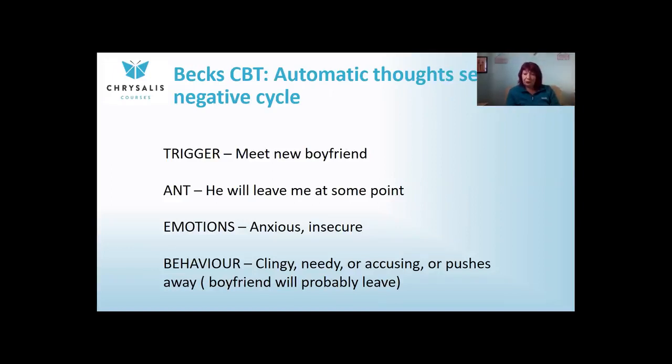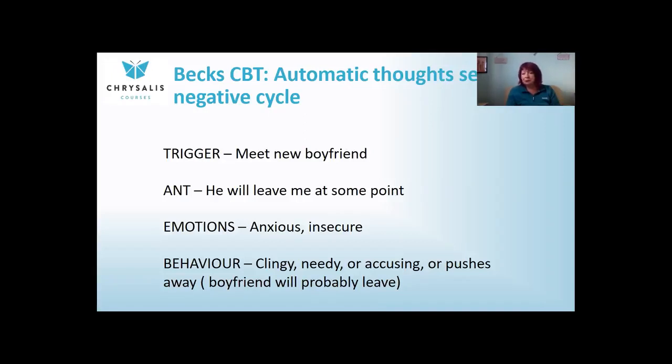She's probably got a belief that everyone will leave me. So whatever happened in her childhood, there was some negative experience there where somebody left. Maybe parents got divorced and dad left and she didn't see him. Or maybe parents died. Regardless of what it was, the belief is that people leave, and she's expecting this new boyfriend to leave.